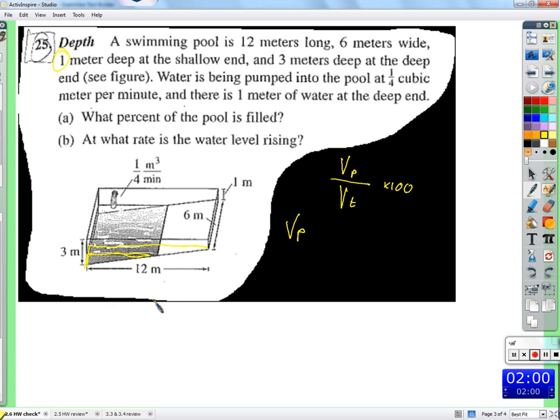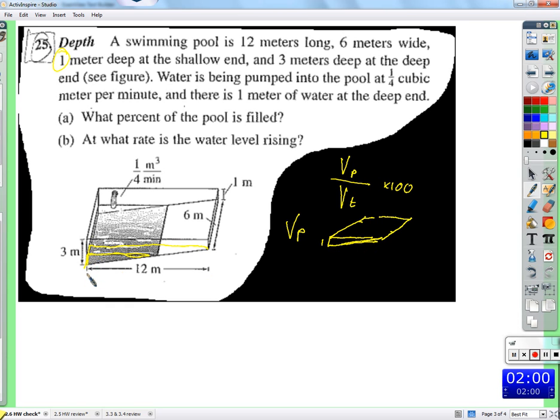You're right about that. So the partial would be the volume of this water here, this triangular prism. So we need to know, this is 1, and we need to know how big this is.